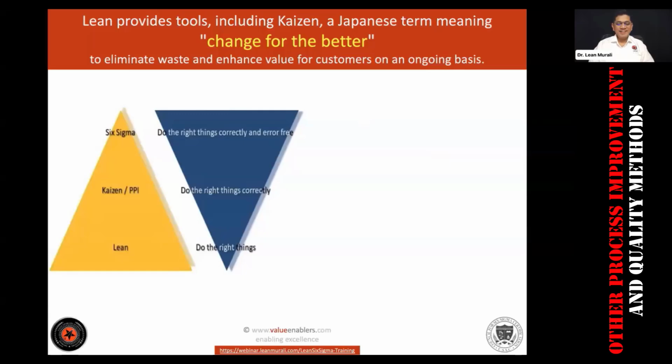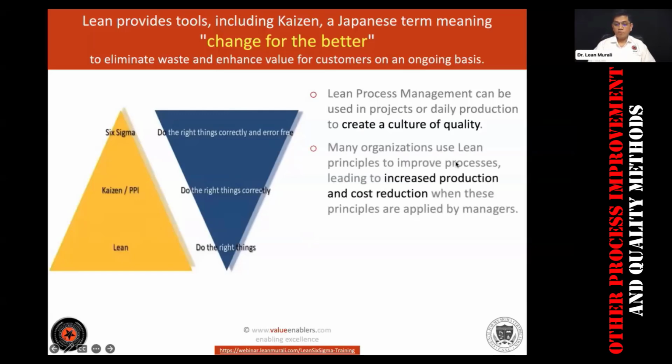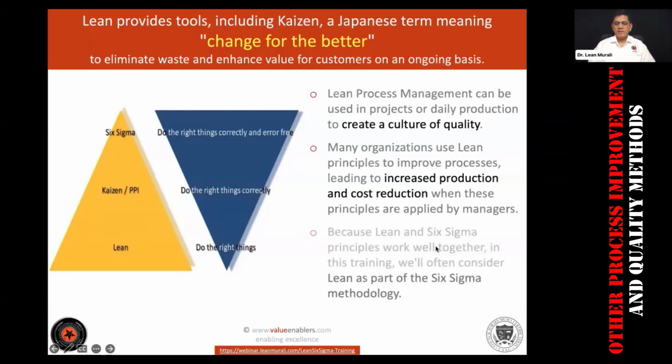They complement each other. Fantastic. So lean process management can be used in projects or daily production or to create a culture of quality. Many organizations use these principles to increase production, reduce cost, etc. Since Lean and Six Sigma work together well, any person who is deeply into Six Sigma takes Lean as a part of Six Sigma methodology.